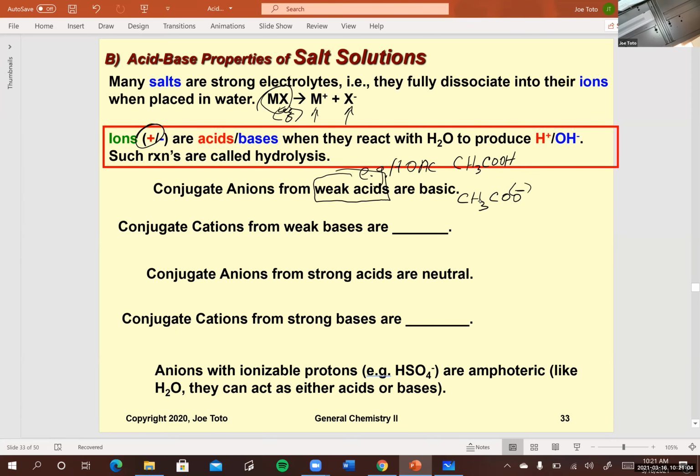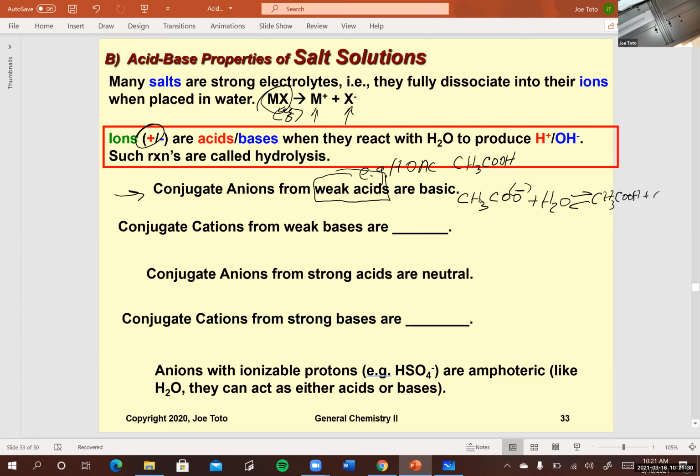So what this is saying here is the conjugate anions from weak acids are basic. Well, how could they be basic? Let me see. If they're in aqueous solution, there's going to be lots of water around, so maybe it'll react with water. If it's a base, according to Bronsted, it has to accept that proton.